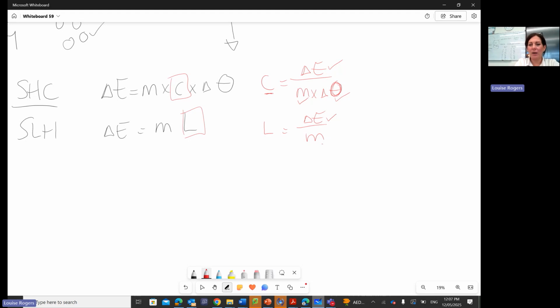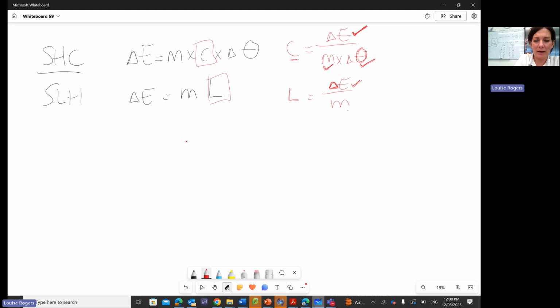I'm not going to write out the full definitions here because it would take too long. Remember, this little triangle here means change in energy. It means the change in the amount of energy required to make 1 kilogram of mass change state.